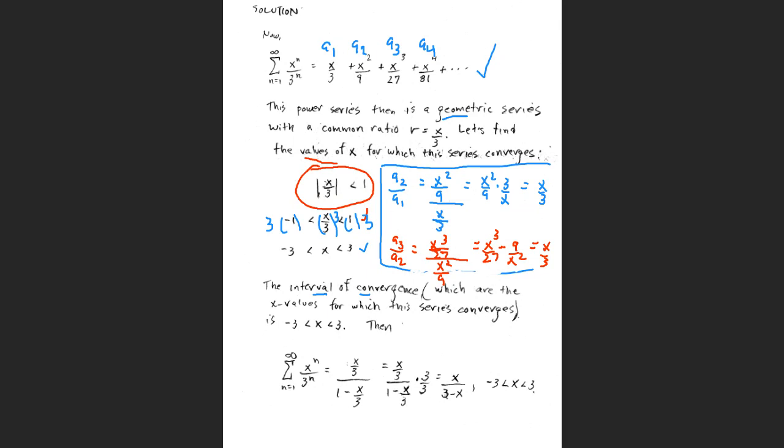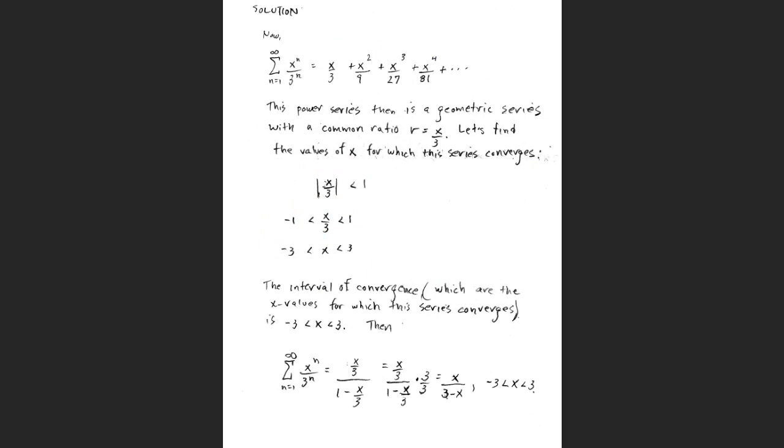Let me just clear the space here a little bit. Again, what I'm doing is multiplying by 3 through the inequality, but 3 is positive, so the inequality sign doesn't change.